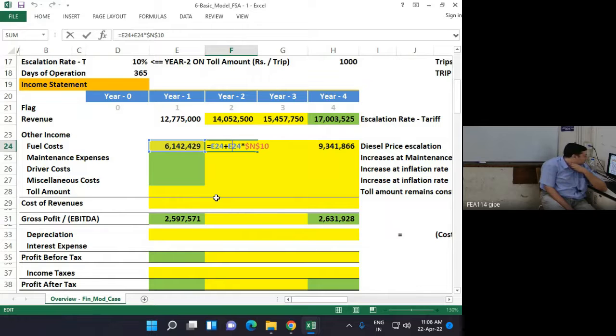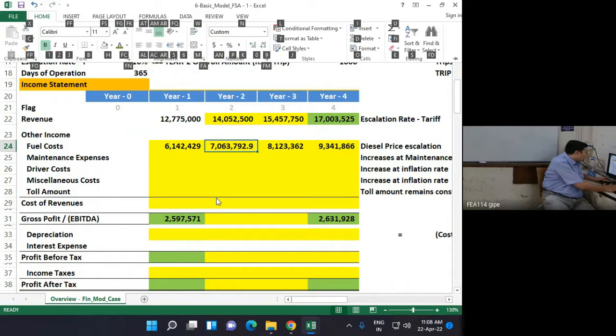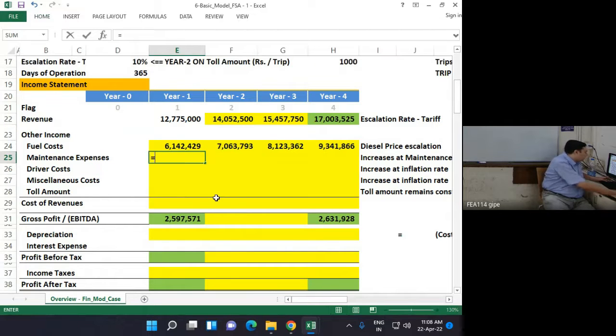Yes. Again 10%. Miscellaneous also going up by the inflation rate. Hmm. That is miscellaneous. Correct. I'll also put down the numbers on screen. Match your values. We want to compare till gross profit.